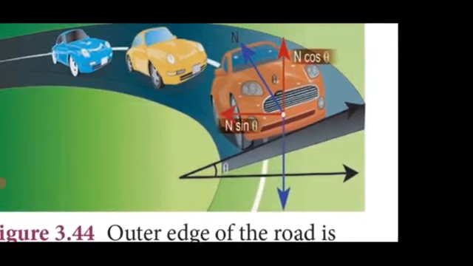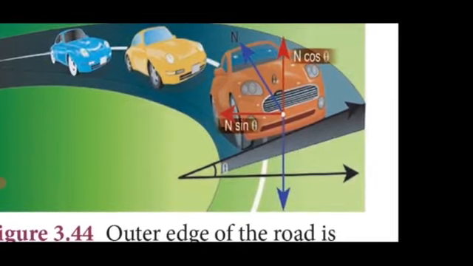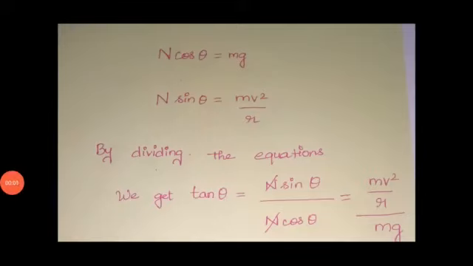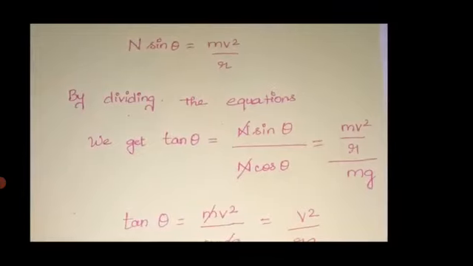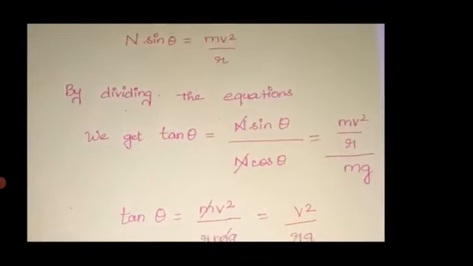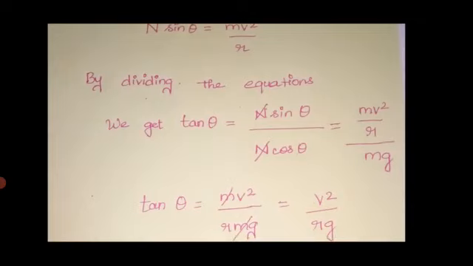By using the second law, we resolve the components: N cos theta is equal to mg, and N sin theta is equal to the centripetal force, mv square by r. By dividing the equations, we get tan theta, that is N sin theta by N cos theta. N gets cancelled, and sin theta by cos theta is tan theta.